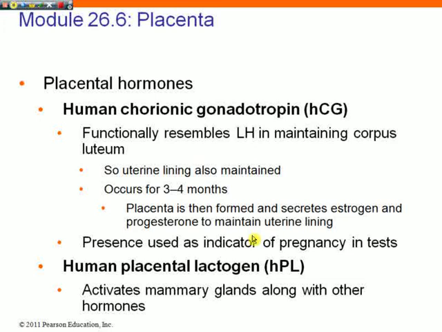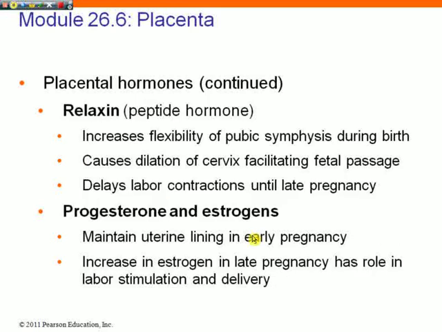It is HCG, as you may know, that is used as an indicator of pregnancy in tests, both in urine and in blood. Another hormone produced by the placenta is called human placental lactogen, HPL, and this activates the mammary glands, along with certain other hormones.